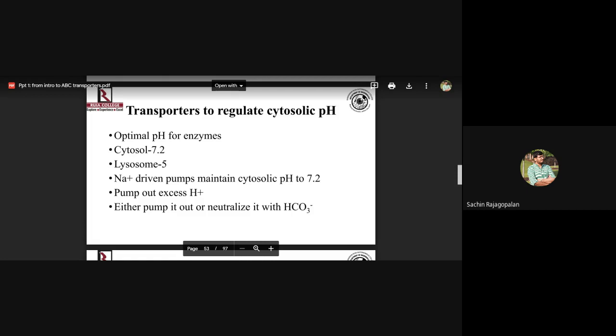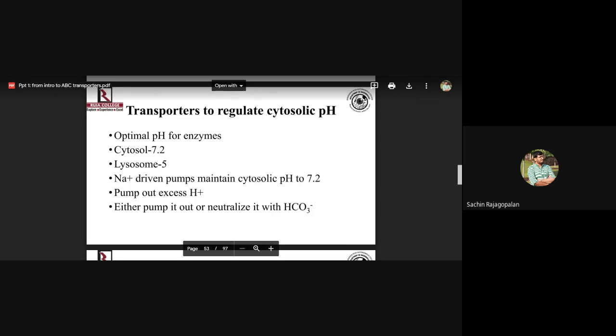Acquisition means acquiring nutrients. Why is it so? Because when pH changes, as Ritika very correctly mentioned, ionization takes place. So even nutrients get ionized, and when nutrients get ionized at extreme pH values, it becomes impossible to utilize them. So it is important for us to understand that cytoplasmic pH has to be maintained close to 7.2.